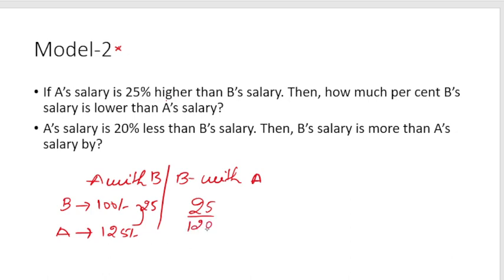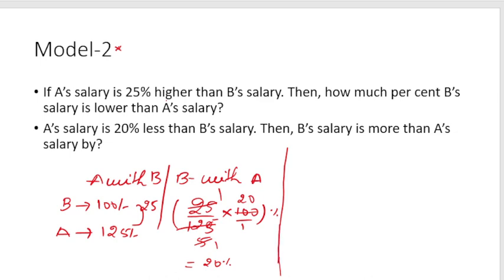We have to take A's salary in the denominator into 100 percentage. 25 ones are 25, 25 fives are 125, and 5 ones are 5, 5 twenties are 100. That is equal to 20 percentage. Therefore B's salary is 20 percentage lower than A's salary. Like this we have to solve.